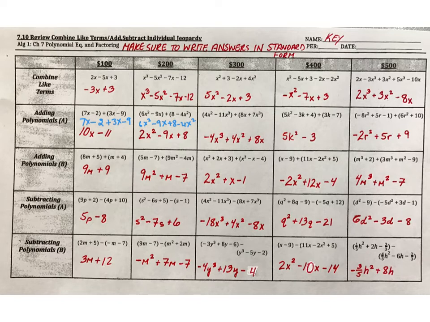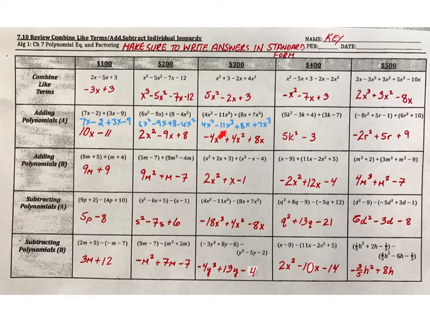Next, you're going to again rewrite this without the bracket. So 4x squared minus 11x cubed plus 8x plus 7x cubed. First of all, you need to write down the highest degree term in the front.